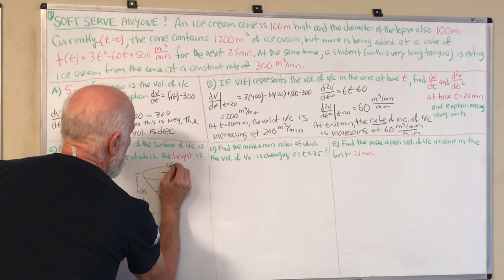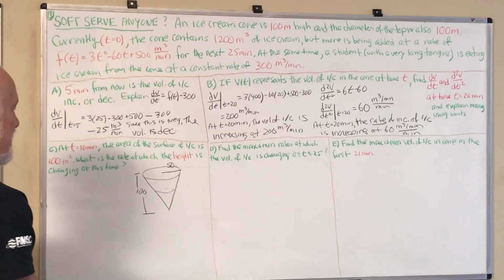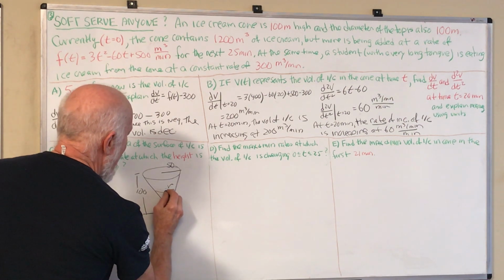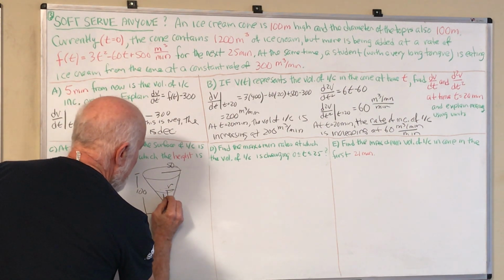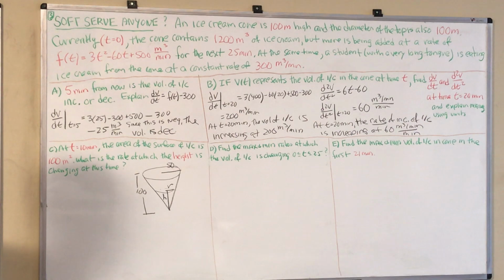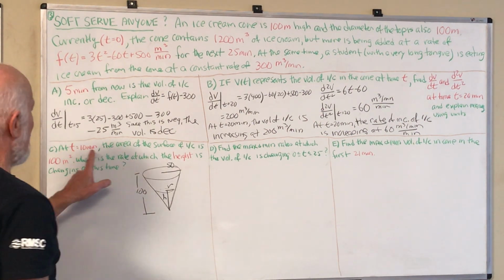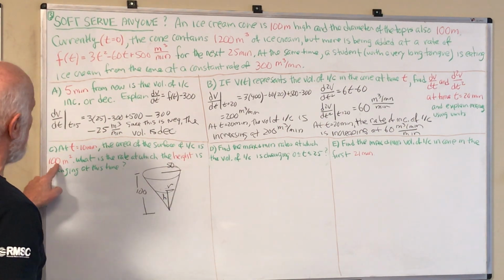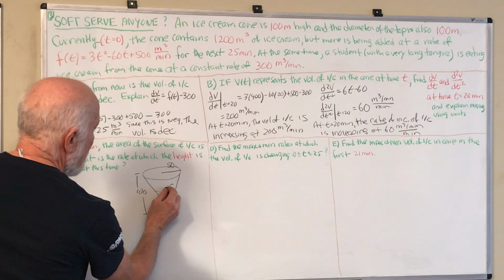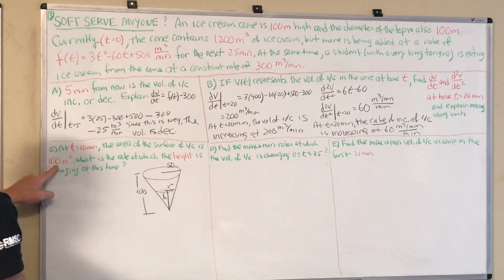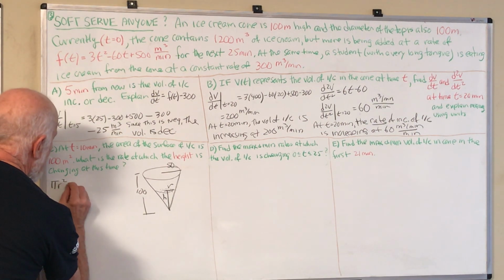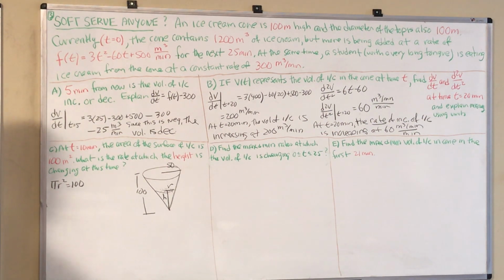So that it's 50 meter radius, and the ice cream has a radius of r and a height of h, because that's changing. So it says at time 10 minutes, the area of the surface of the ice cream is 100 square meters. So that surface area right across there, which would be what? Pi r squared equals 100. So I'm just going to write that down.